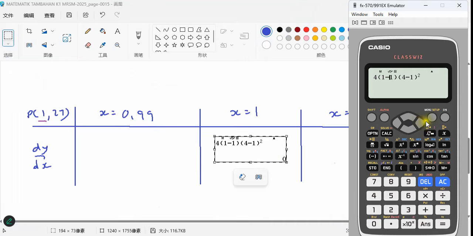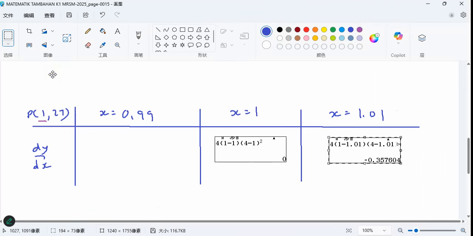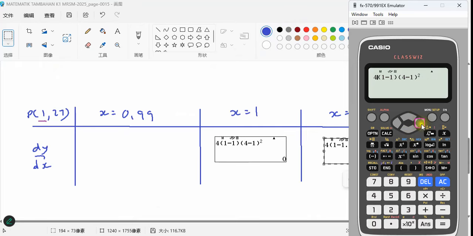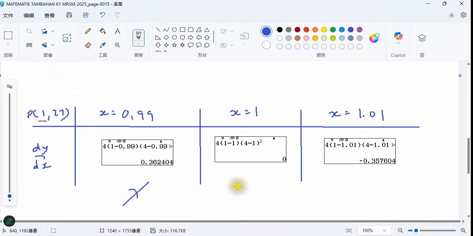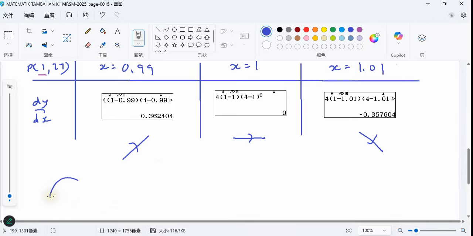For 1.01, this is negative. For 0.99, this is positive. So upward, then horizontal, then downward. So the point P will be maximum. P is a maximum point.